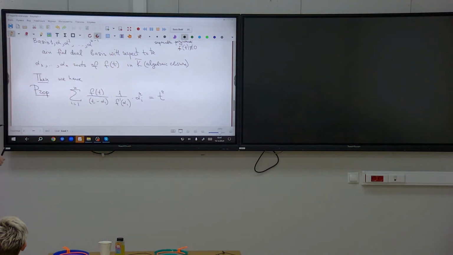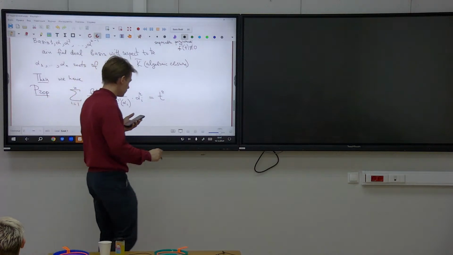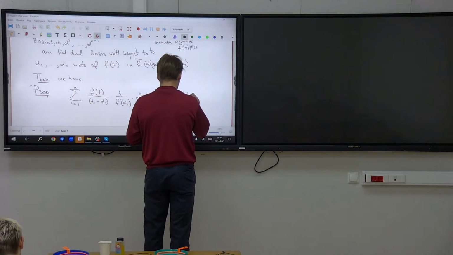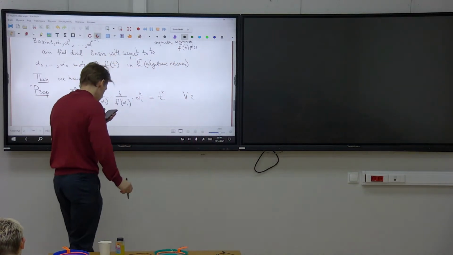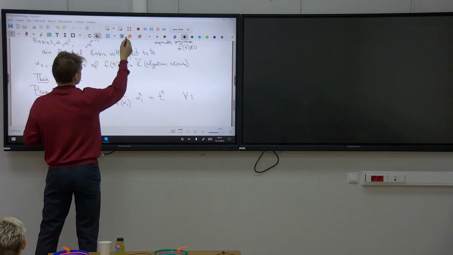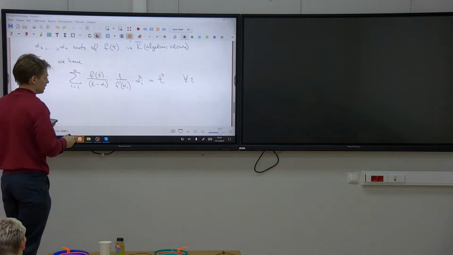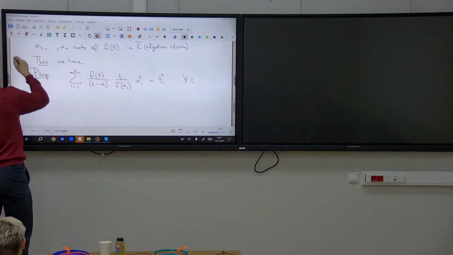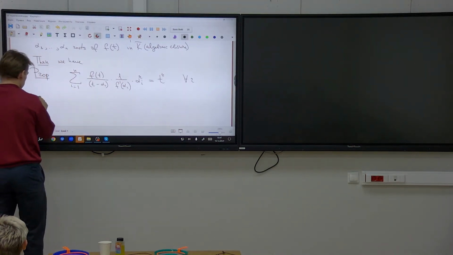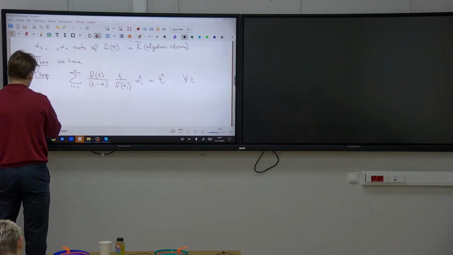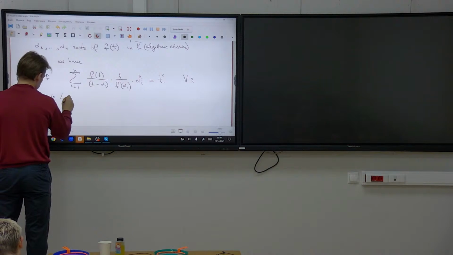So this formula holds for any r. And notice that this is just the Lagrange interpolation formula.